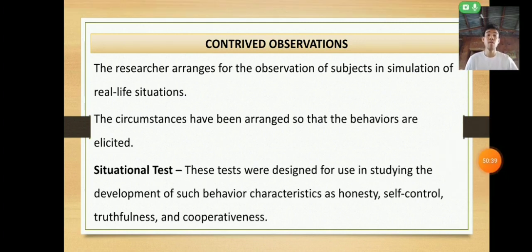So now, punta na naman tayo sa contrived observations. So, the researcher arranged for the observation of subject in simulation of real-life situation. So, contrived real-life situation naman tayo. The circumstances have been arranged so that the behaviors are elicited. So, one form of contrived situation is the situational test.